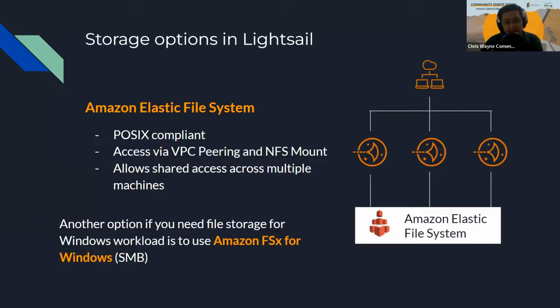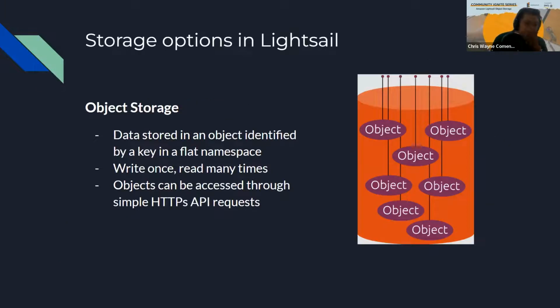Ayan. So now comes the third option to store data on Lightsail. Ano yung third option? It's to use object storage. Okay. Now with object storage, basically data is stored in a flat namespace using a key identifier. So in this case, makikita nyo on the diagram, on the picture in front of you, you have a diagram that contains objects.